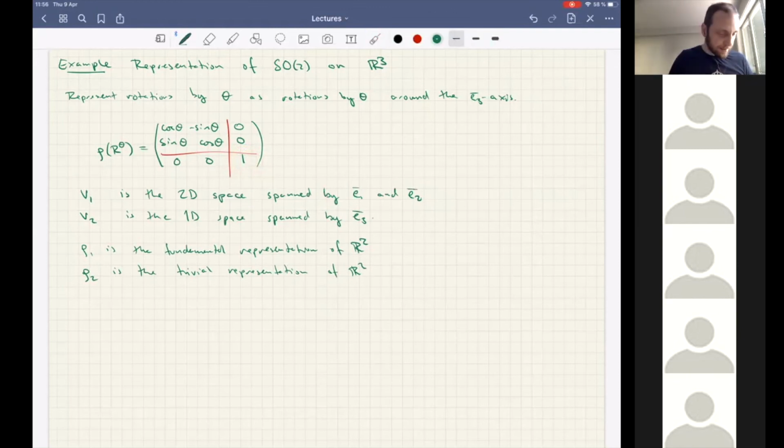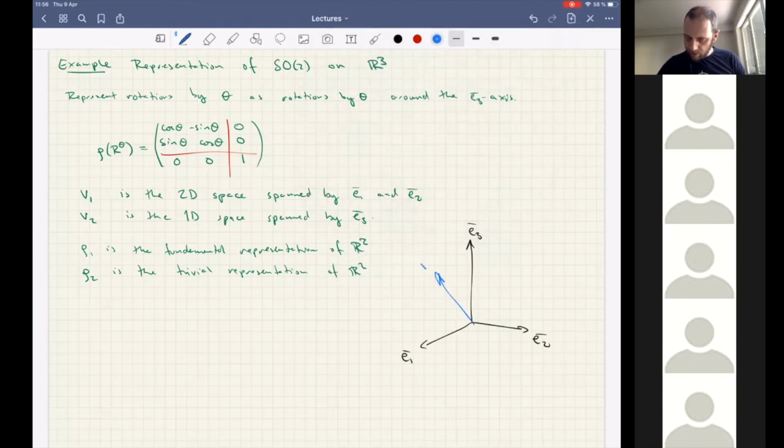So looking at that, let's just draw something here. If we have the different directions here, so this is E3, this is E1, and this is E2. If we have a general vector here, so this is my vector V, then I can decompose this into the part that belongs to V1, which is the projection into the E1, E2 plane.